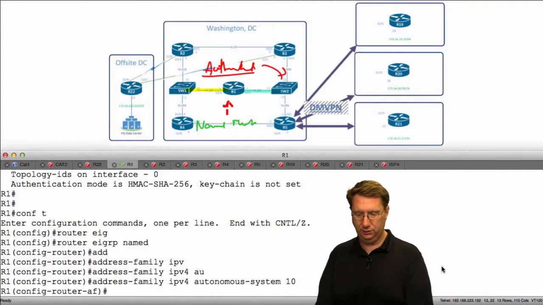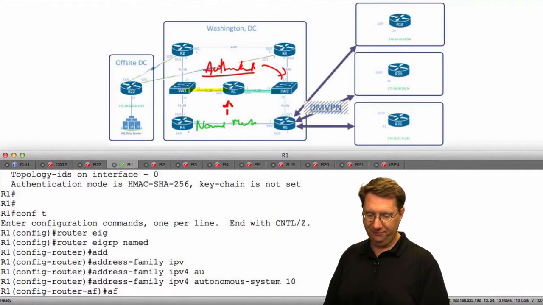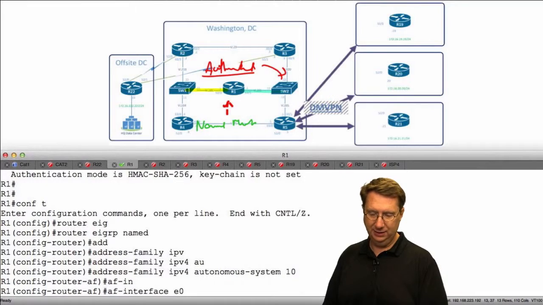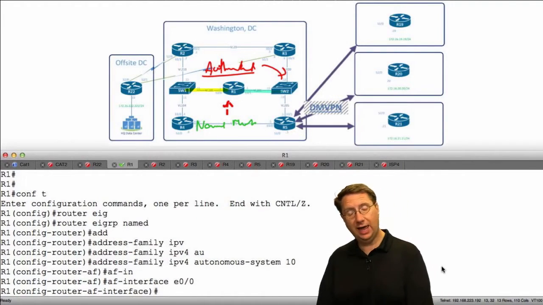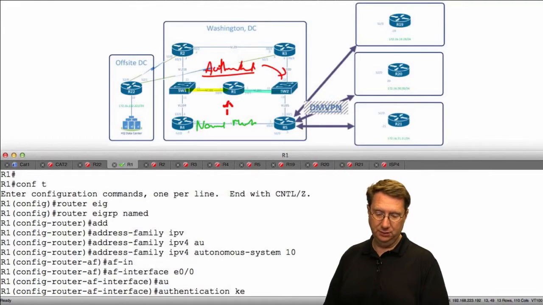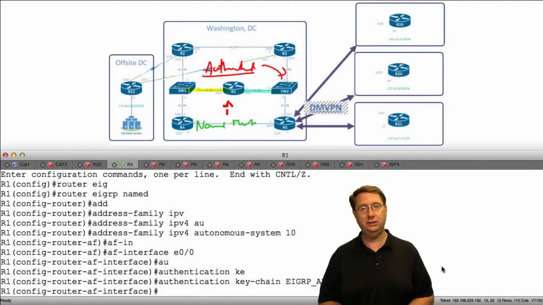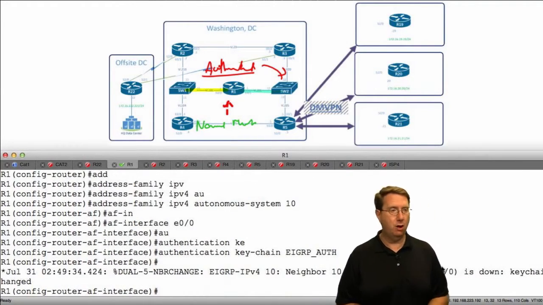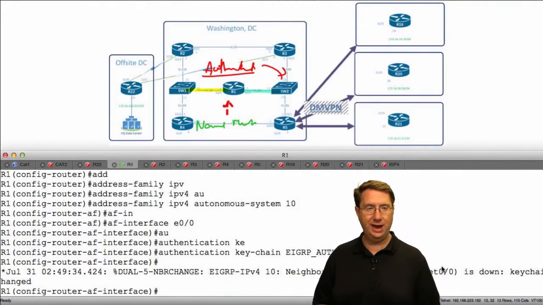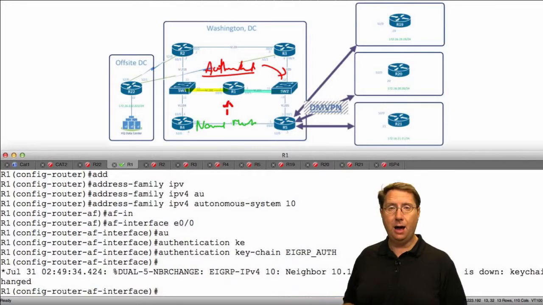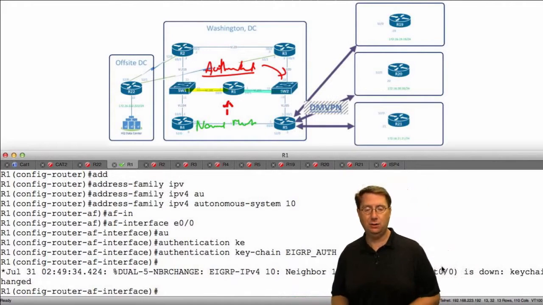And then what I do is I'm going to say AF interface E00, and I'm going to say authentication keychain. The keychain that I want to use is going to be EIGRP_auth, the same thing that we used for our message digest. And what we're going to see is my link is going to go down. The reason is my keychain changed. The output on the console is going to tell me exactly what the problem was.